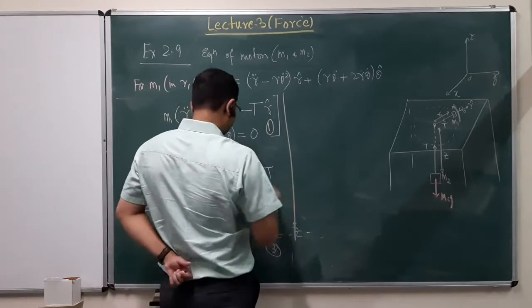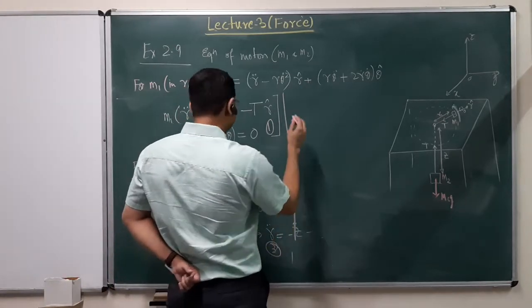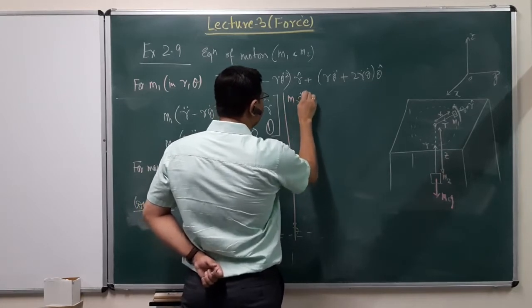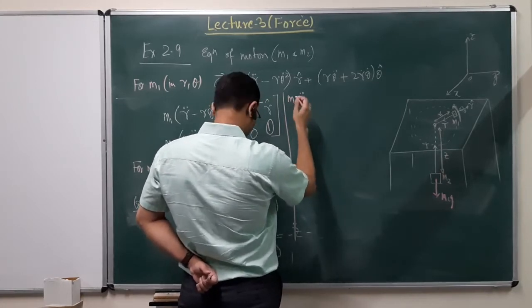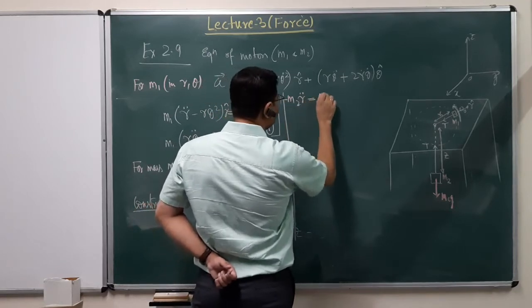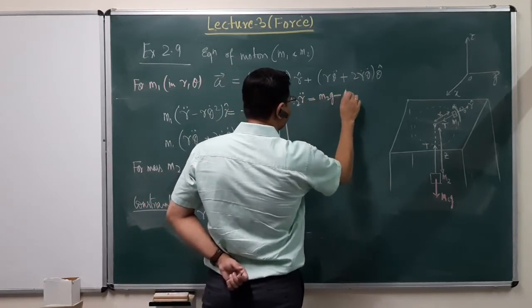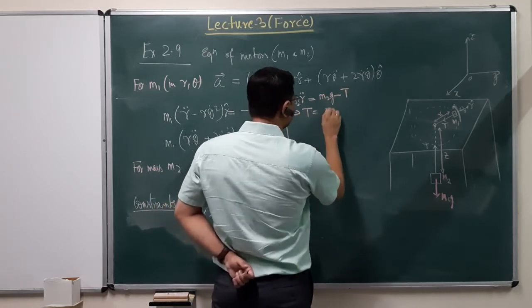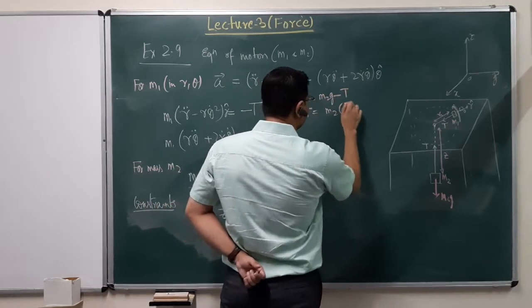Now we'll put 3 into 2, so we'll get m2 r double dot equal to m2 g minus t, and this implies that t is equal to m2 (g plus r double dot).